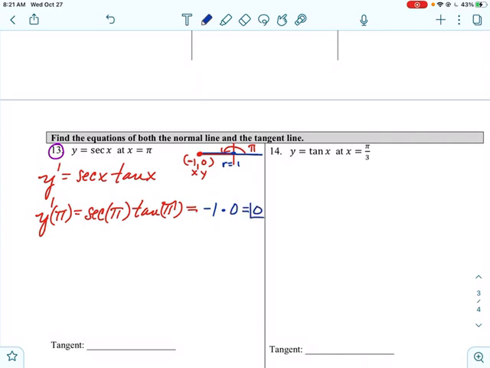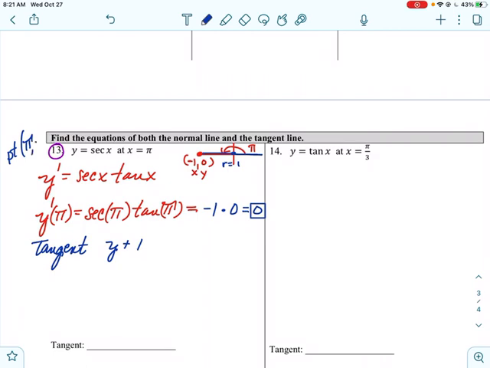So when we want to find the equation of the normal line and the tangent line, for the tangent line we know the slope is 0, and the tangent line is at x equal pi. A point on the graph would be pi, negative 1.